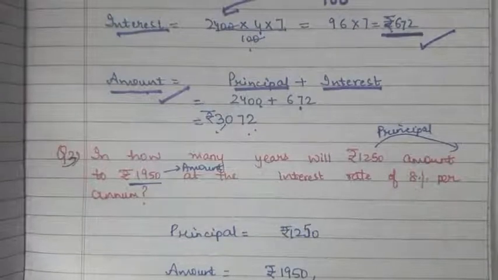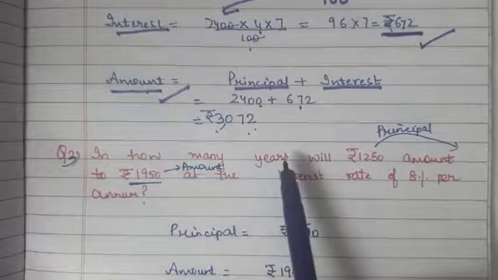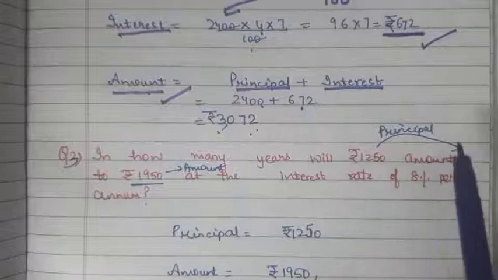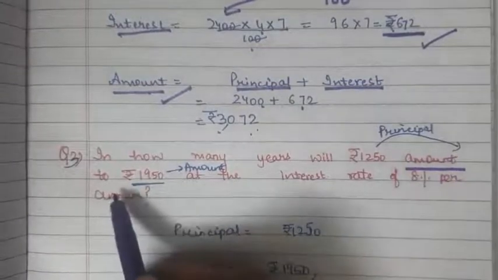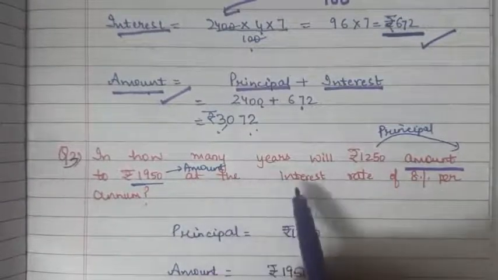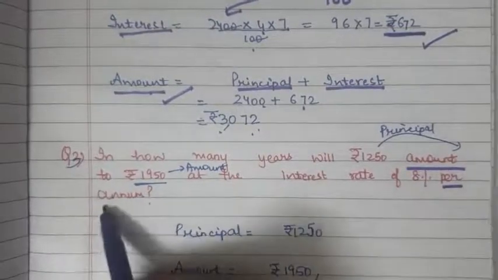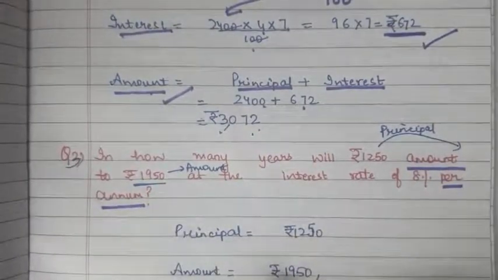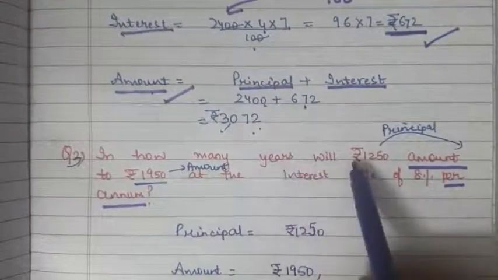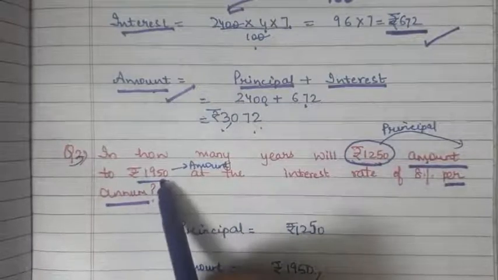In the next question, it is given in how many years will 1250 rupees amount to rupees 1950 at the interest rate of 8% per annum. Now they are asking in how many years will this money amount to rupees this.